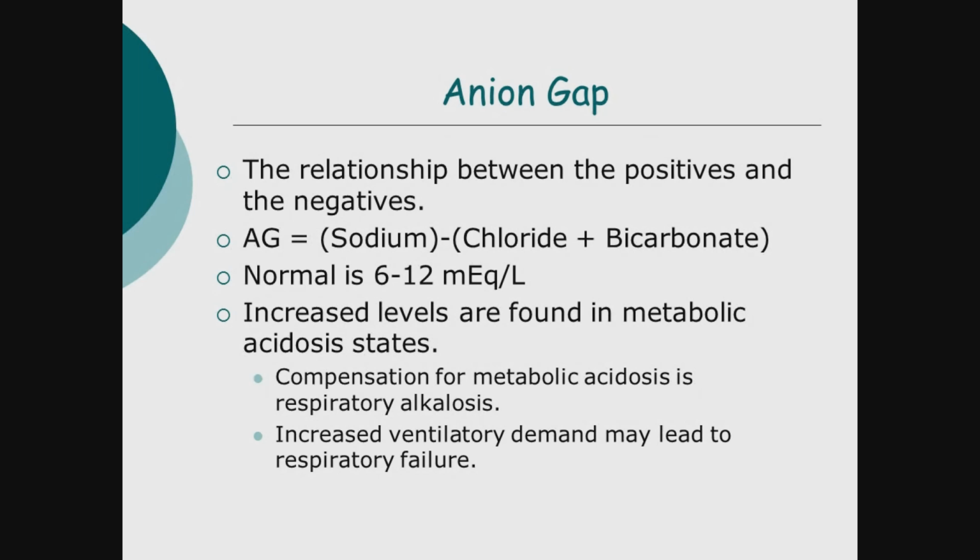And metabolic acidemias, normally we don't worry about ventilating for them, but if the defect is so profound that the minute ventilation cannot keep up with it, then we're going to run into a respiratory failure situation, or at least an insufficiency situation, because the demand is so great.